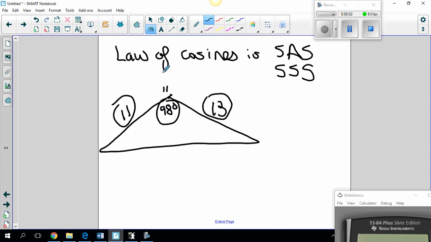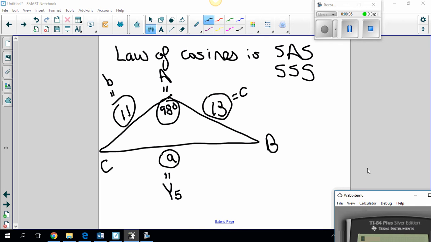So let's call this A. Therefore, this is little a. Therefore, we call this B, making this big B, forcing this to be little c, and this to be C. So, got to be careful. So what we're looking for is this side right here, A, which is also known on my calculator as Y5.